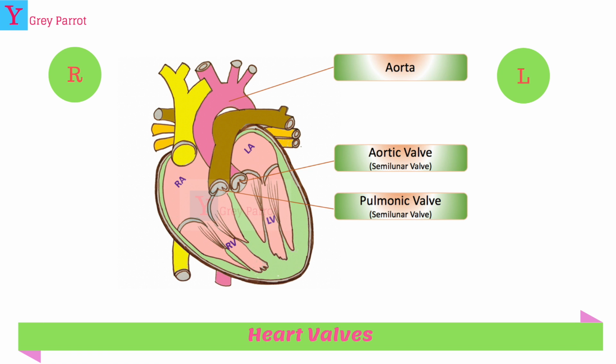I have highlighted the pulmonic valve here, and I also talked about it in my previous video. One more interesting piece of information: our aortic valve and pulmonic valve also have a second name, semilunar valve.